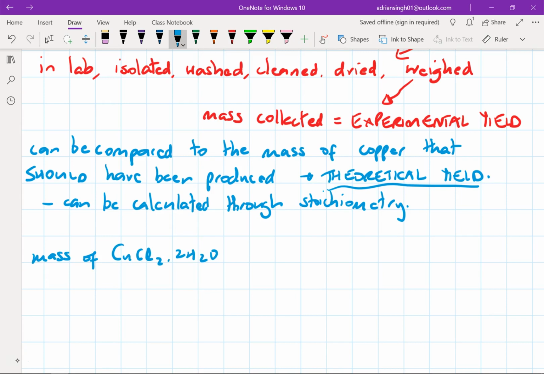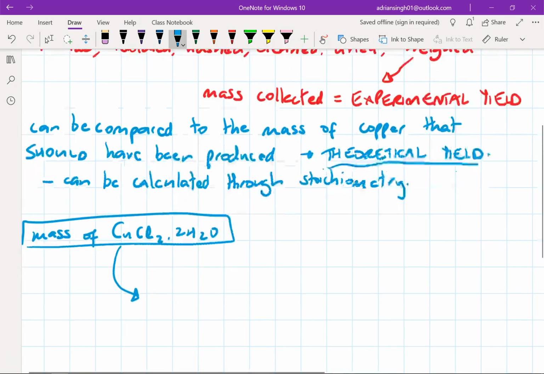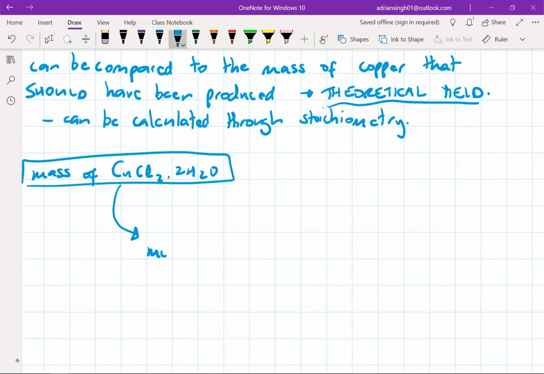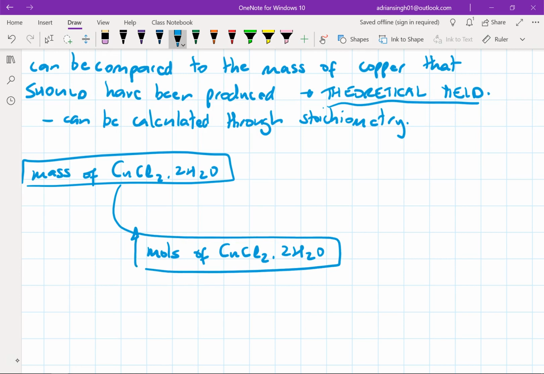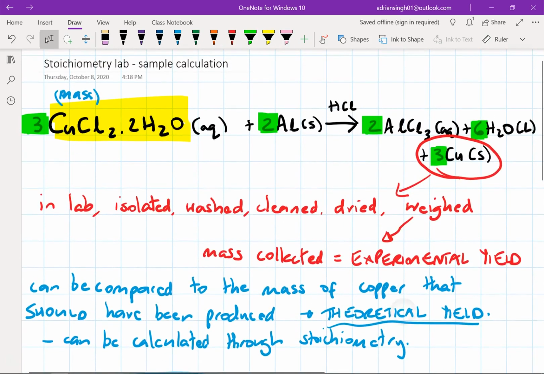We are then going to convert that into moles of CuCl2·2H2O.